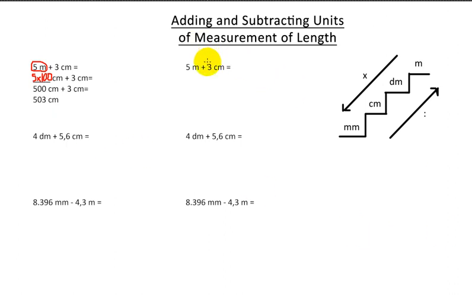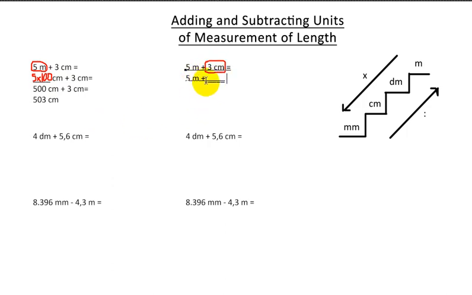Now, let's go on the other side and do this same addition, but this time we're going to change the 3 centimeters. So this time, 5 meters stays the same because it's outside of the circle. And where the circle was, I'm going to put the line, just like here. And I'm going to put the unit of measurement that I want to turn this into.